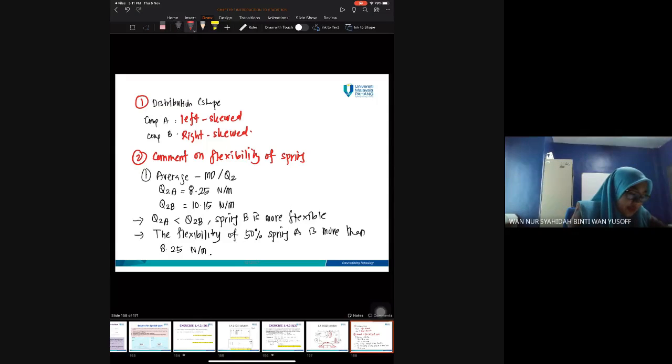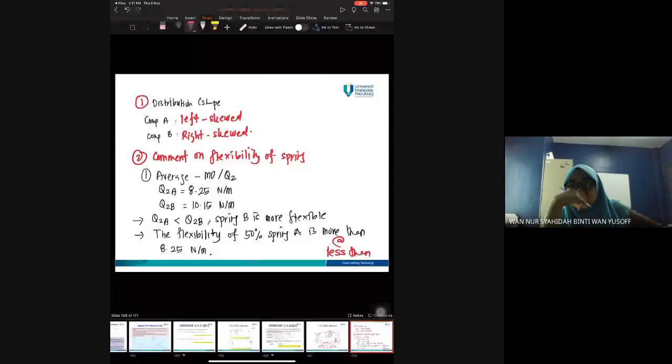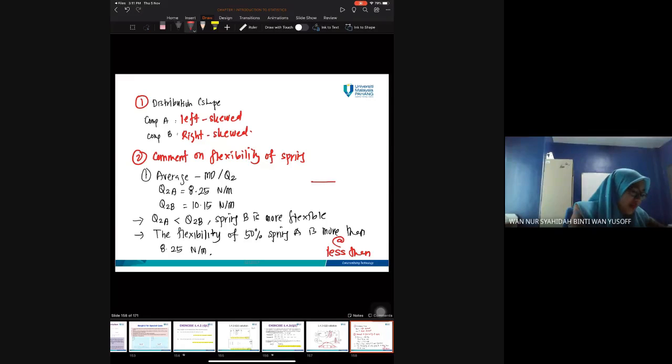In your opinion, is it correct if we write less than here? Yes. Why? 50%, 50%. Because the median is the middle of your data.